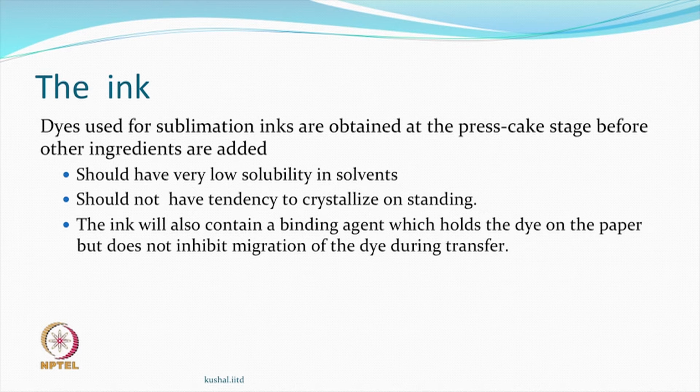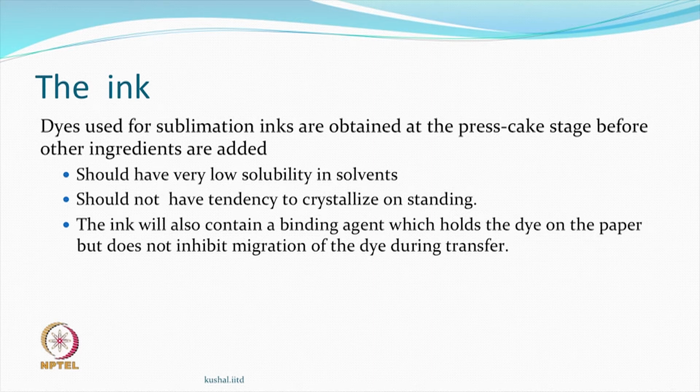Ink may be containing some binding agent. You can consider it like a binder which you use for pigment printing, but obviously this dye is maybe in particulate form in some cases, and is being held onto the paper by this film, right. So, it is expected that this film is not going to inhibit migration too much.